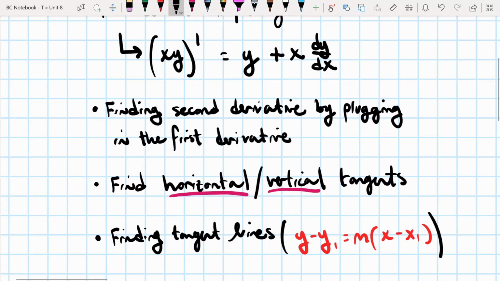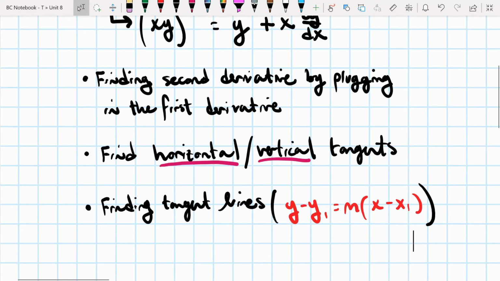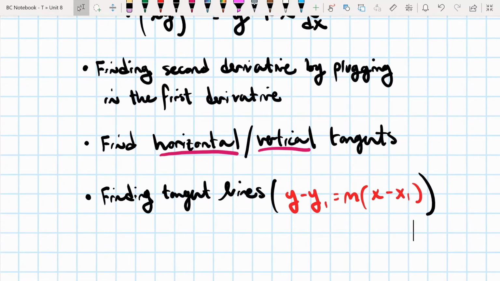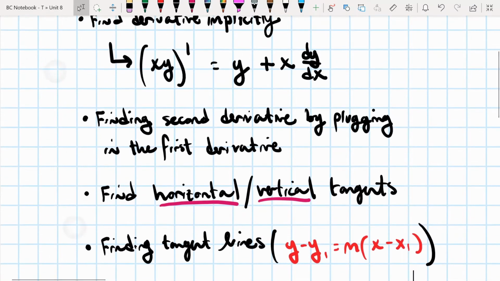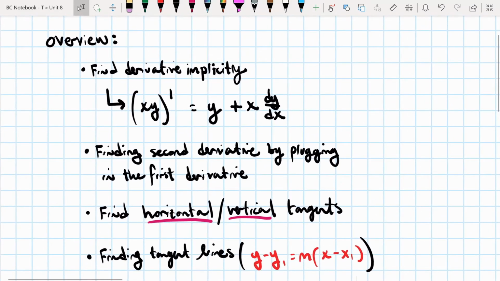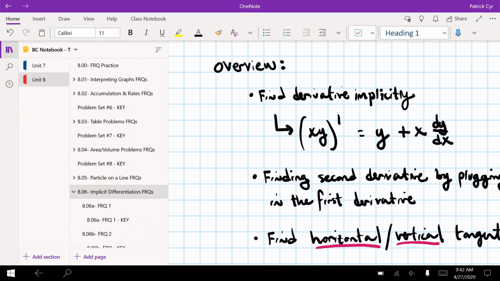And so this is the general equation you're going to have to use to find the equation of a tangent line. So you need a coordinate point that is represented by x1 and y1, and then you need the slope or the value of the derivative at that coordinate point. So like 3 things in order to find the equation of a tangent line. Okay, so that's the basic overview of implicit differentiation. Let's get started with our first FRQ.